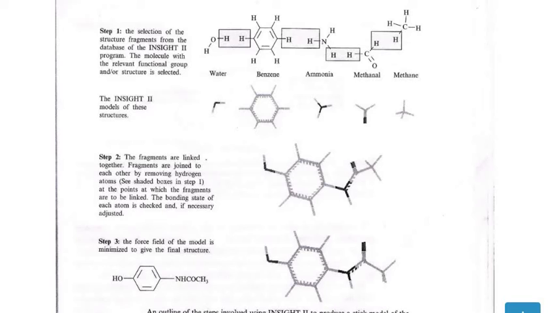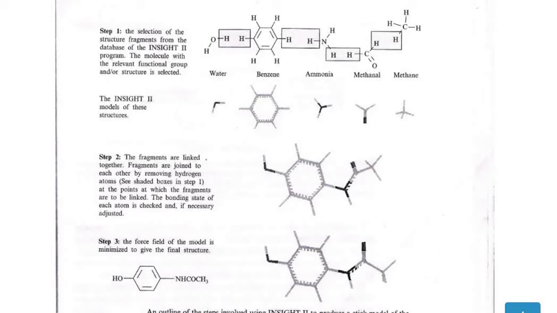Step 1: the selection of the structure fragment from the database inside the program. The model with the relevant functional groups and/or structure is selected. You can select or make the models in your software.